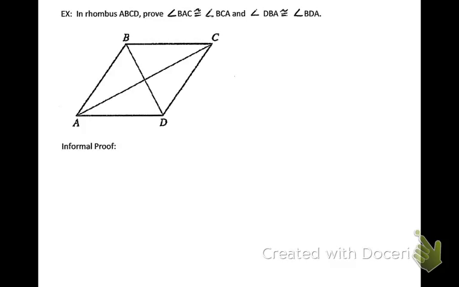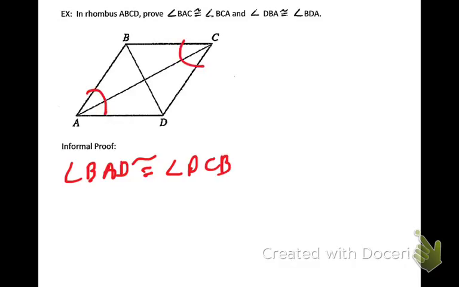We start out with opposite angles are congruent. So we'd start out with angle BAD is congruent to angle DCB, because the opposite angles in a rhombus are congruent.